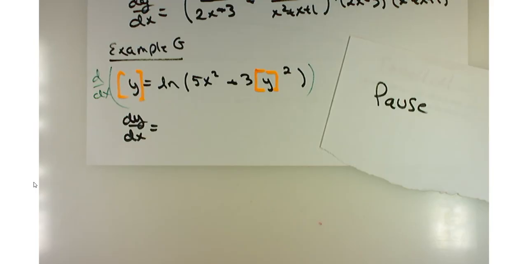Alright, there's a lot of people here that want to distribute the log. You can't split this up as the log of this plus the log of this. It just doesn't work. There's no property like that for logarithms. There is a property like it if this was a times, but not for a plus. So a lot of people are racing, that's okay. Better you make that mistake now than later.